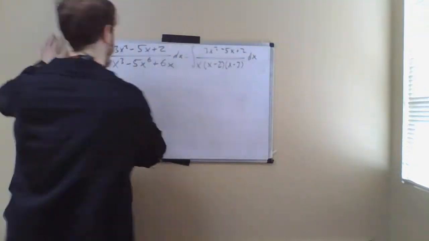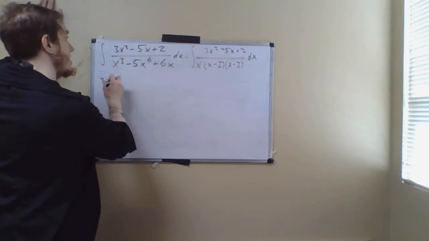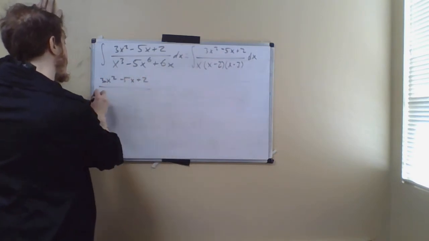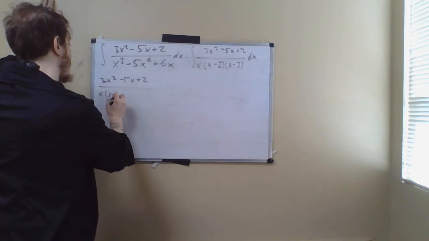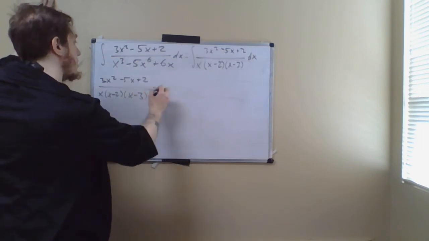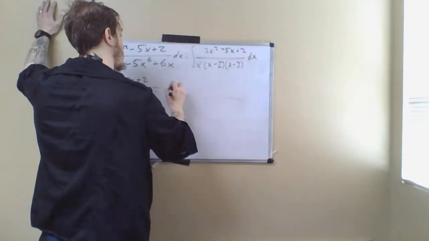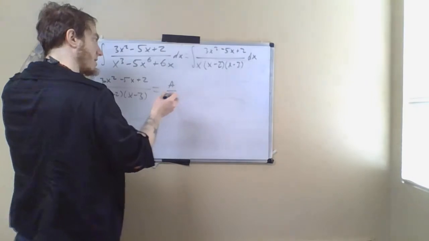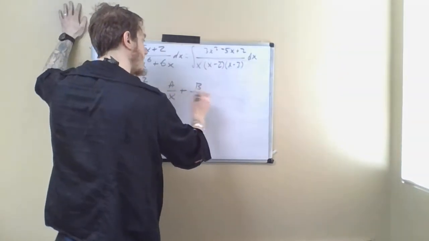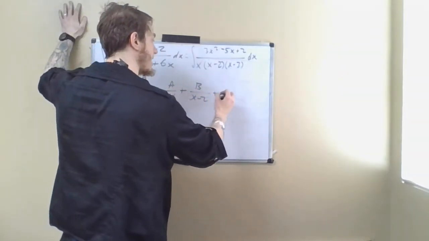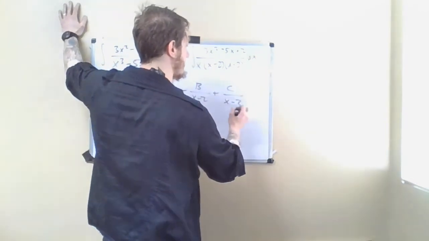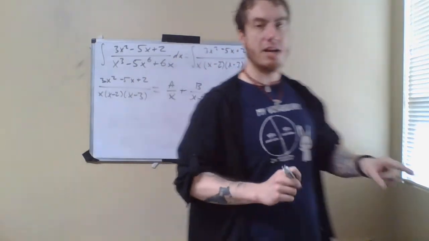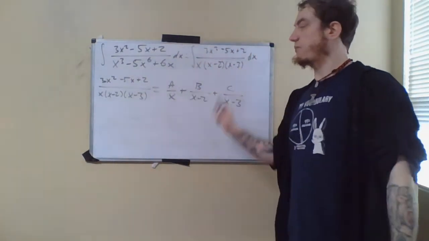So now I'm going to set up this equation: 3x squared minus 5x plus 2 divided by x times x minus 2 times x minus 3 is equal to a over x, then b over x minus 2, and finally c over x minus 3. So for each factor in the denominator, I need to put a separate fraction here.